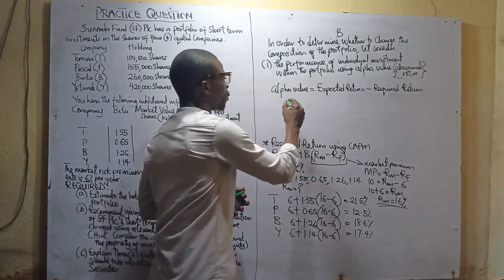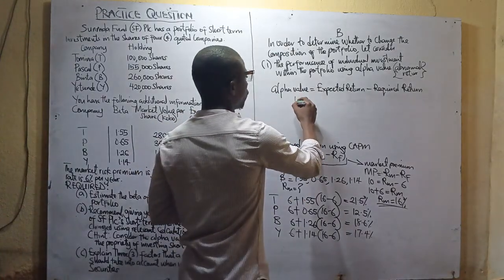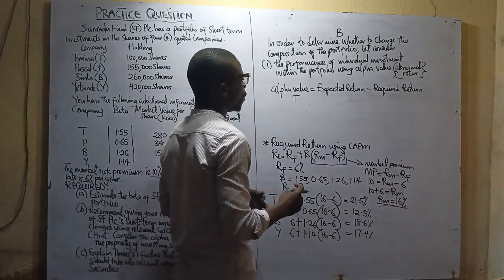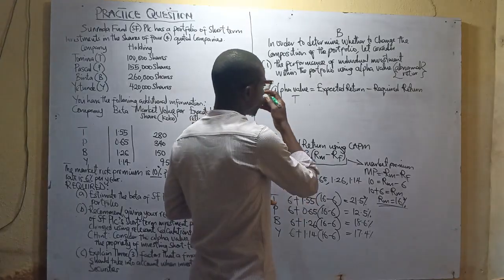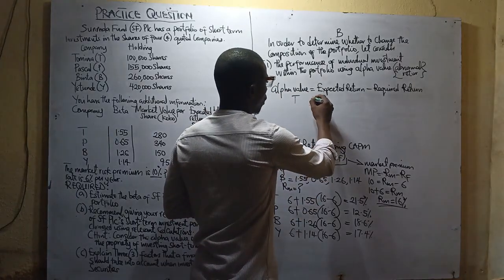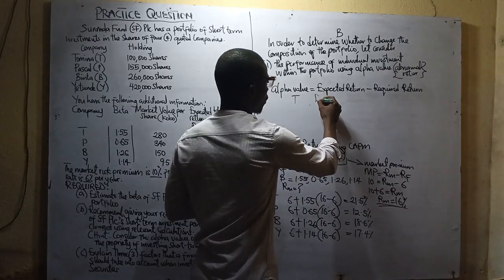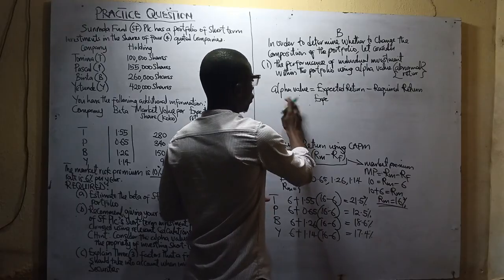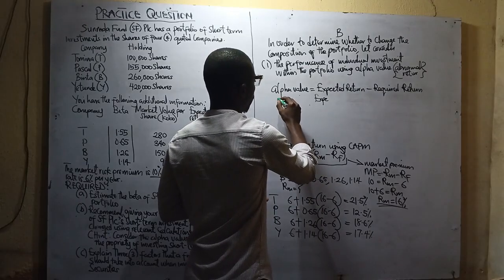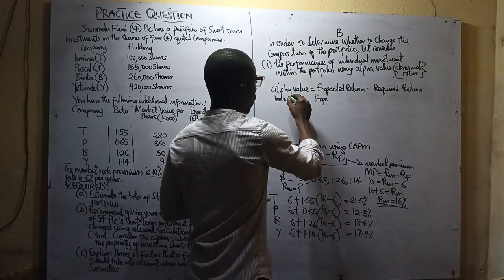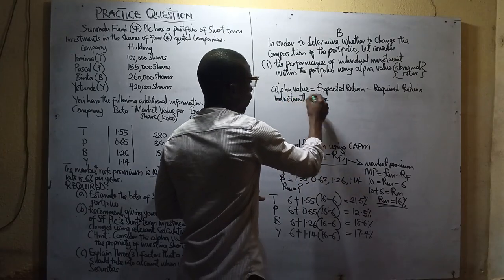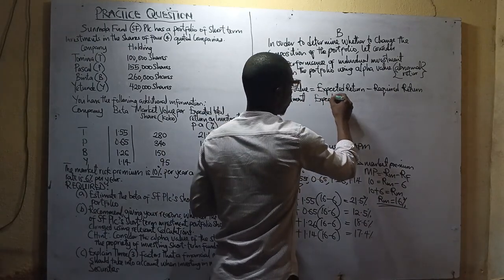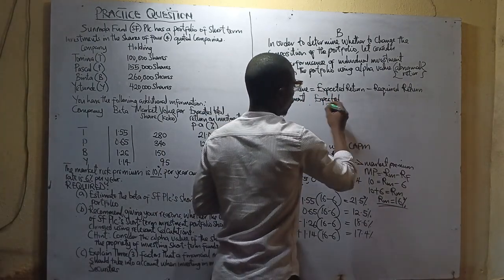Now for T, for the first time is T. So what's the alpha value for T now? So it means we have the expected return on the investments. We have the expected value.